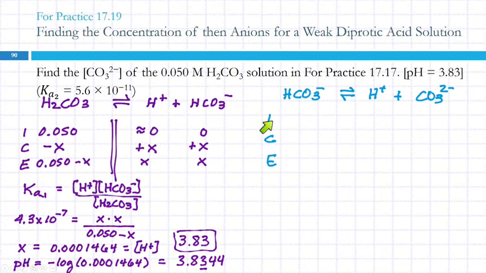The initial values here are going to come from what we ended up with over there, because this happened first, and now the hydrogen ion concentration is equal to X. So the hydrogen concentration is going to be 0.0001464. And the hydrogen carbonate is going to be the same.